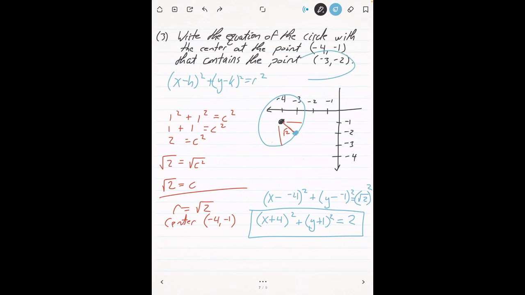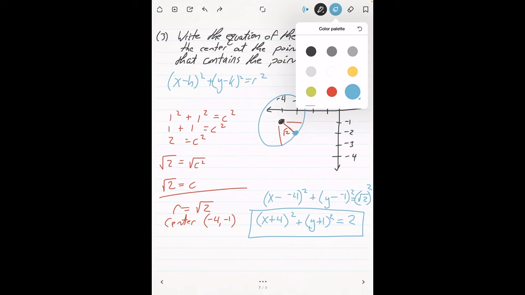And it passes through this point. -3, -2 is a point on this circle. How can you know for sure that that's a point on the circle? We did all of this work to get this equation. How can we know for certain that that is a point that's on our circle? Well, hopefully you're saying just go ahead and plug it in. Exactly, just plug it in.